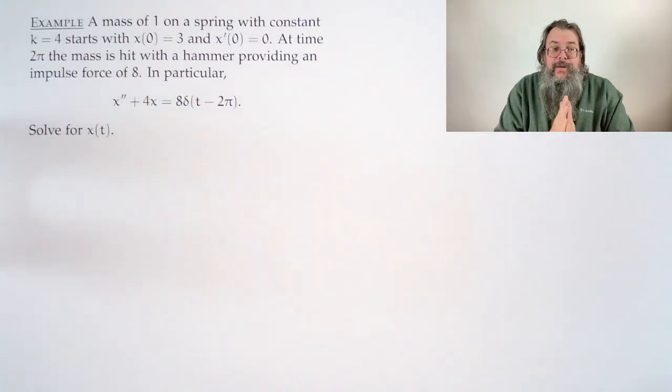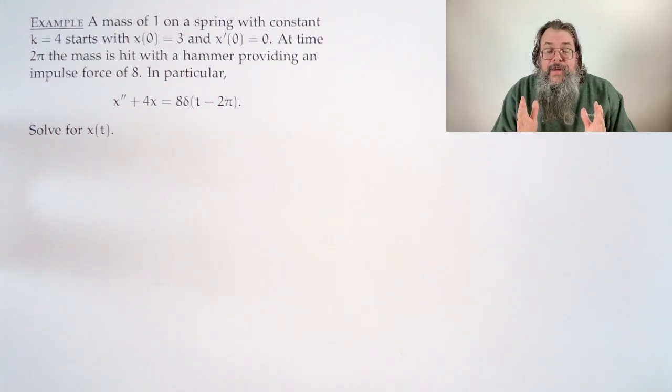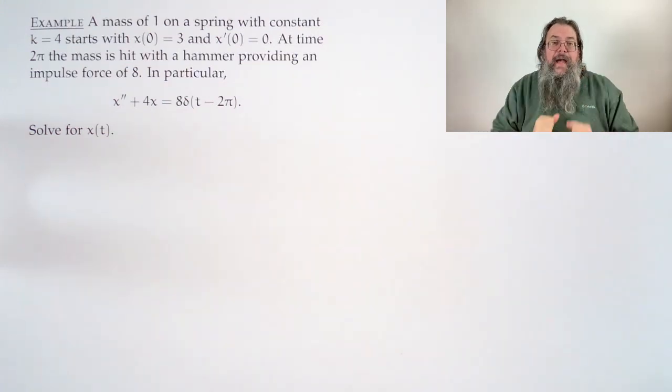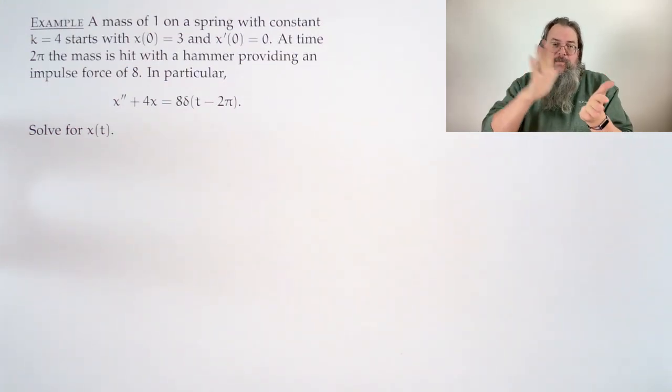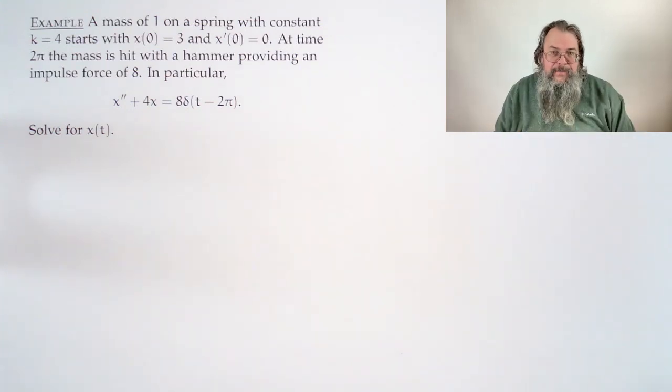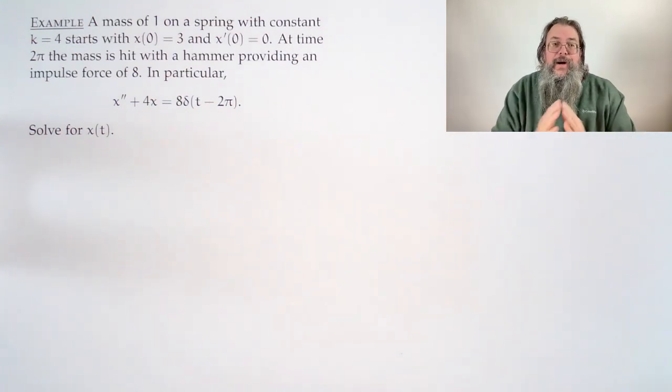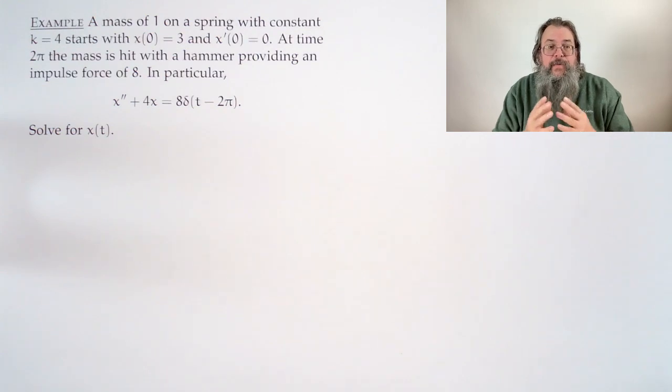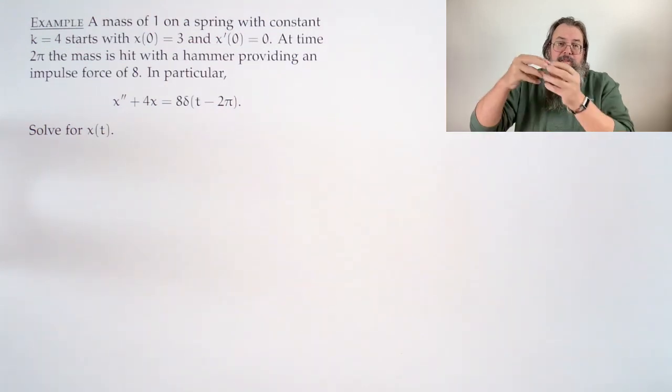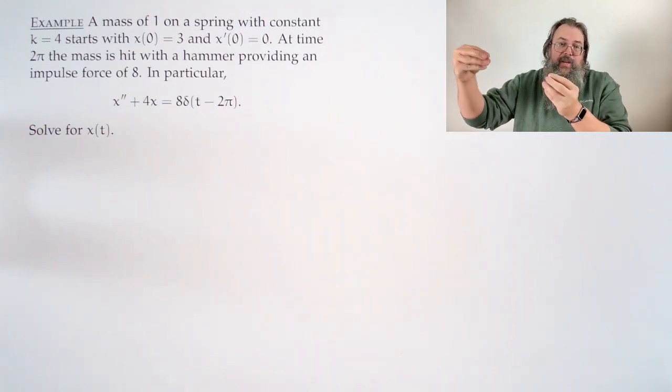All right. Let's look at a problem with a delta function, which means that we smack. That's what you should think of the delta function as: we whack our system in some shape or form. So a mass of 1 on a spring with spring constant k equals 4 starts with x of 0 equals 3 and x prime of 0 equals 0, which means that we've stretched it 3 and we're going to release it.